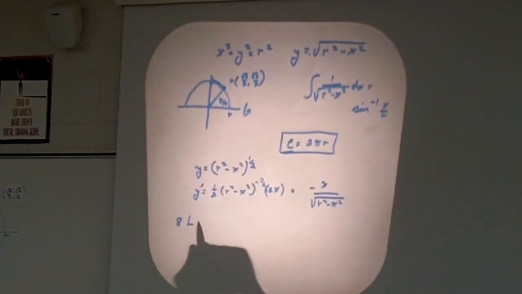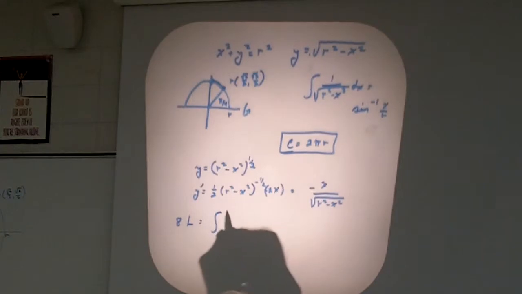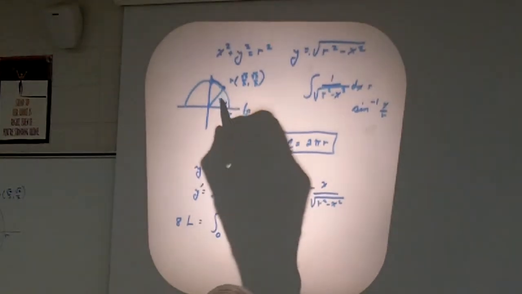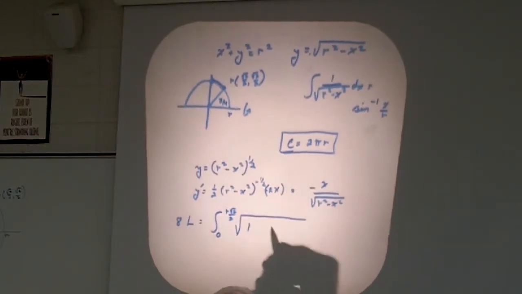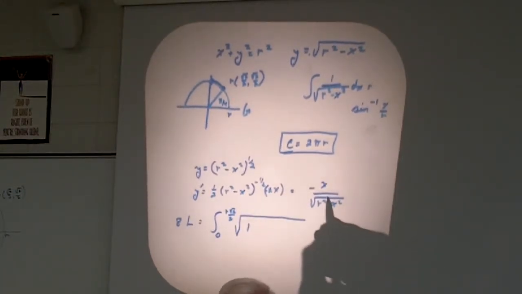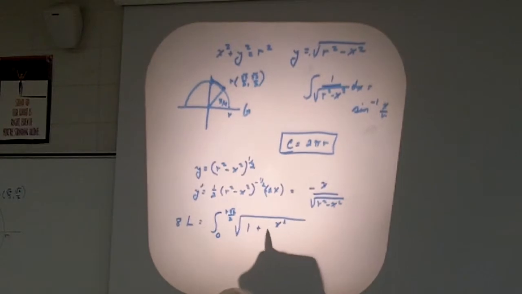And so it's going to be 8 times this, and I'm going to go from 0 to that point which is r square root of 2 over 2, up to here. And I'm taking that arc length. And this is going to be the square root of 1 plus this thing squared. Well, negative squared is a positive, so this is going to be x squared all over r squared minus x squared.